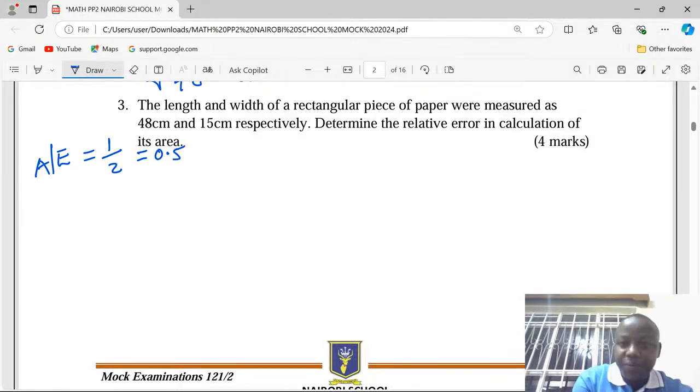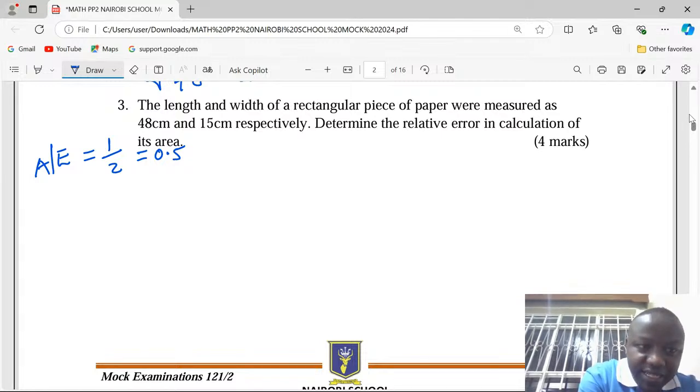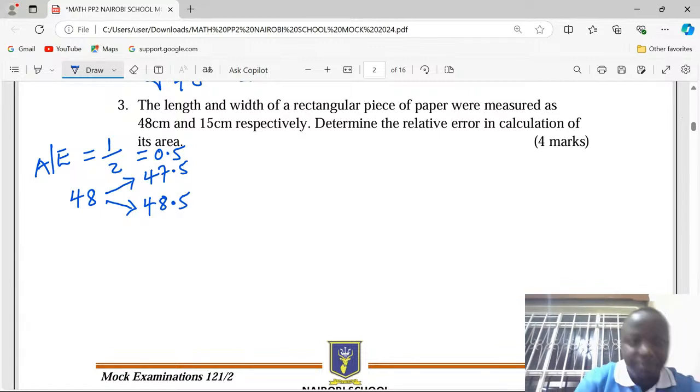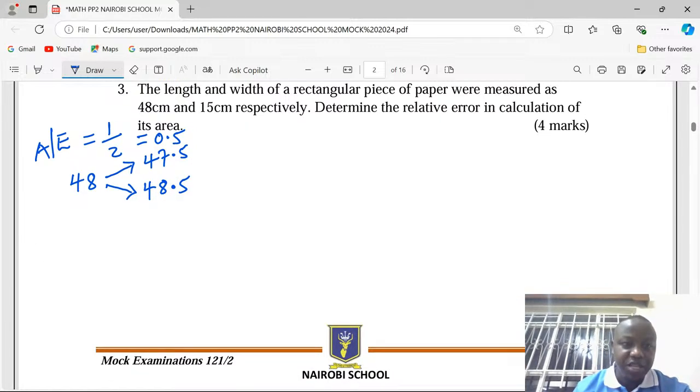Now, for us to get the limits within which these dimensions lie, we'll start with the length and say the length of 48 will lie between, we add or subtract 0.5. When we subtract 0.5, it will be 47.5. When we add 0.5, it will be 48.5. So those are the limits within which the length lies.